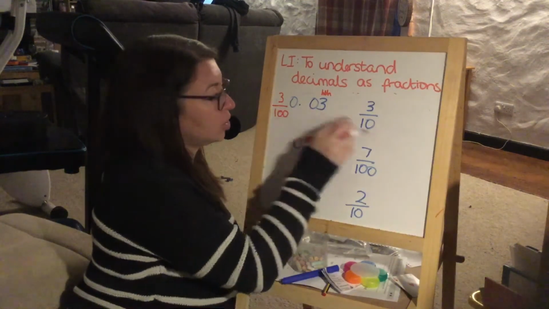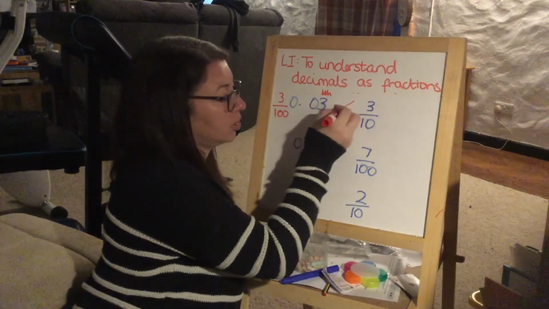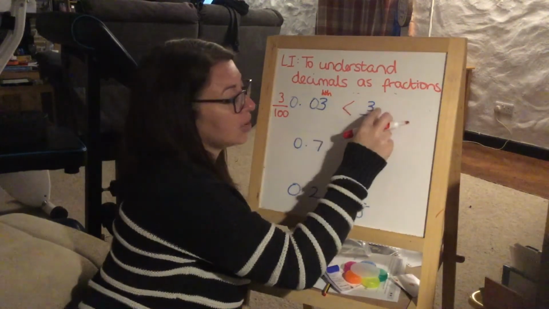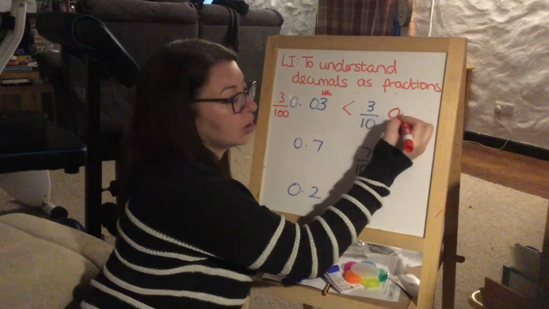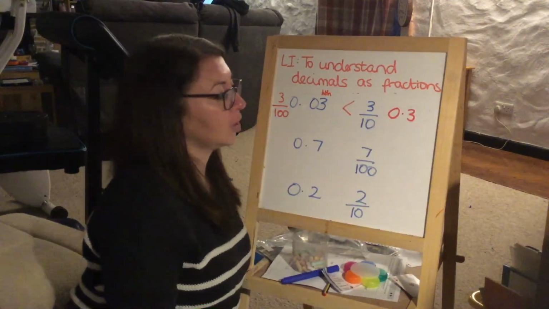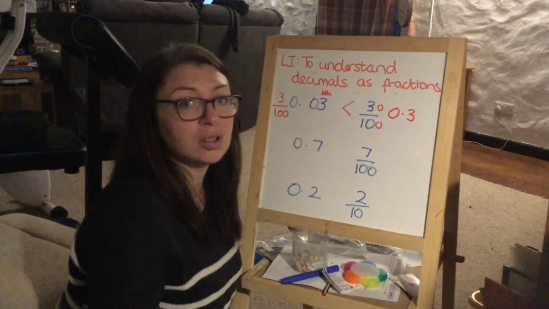So that shows that 3/10 is bigger than 3/100. Or you could also convert this one to a decimal. And because this is 3/10, you'd have 0.3. That would be the same equivalent as 30/100, 3/10.